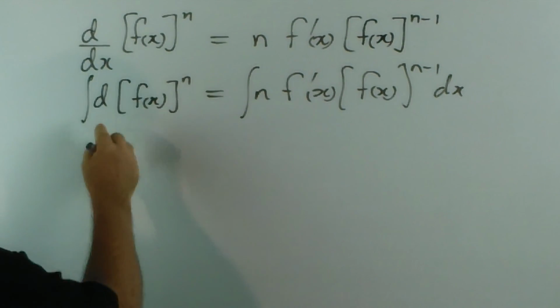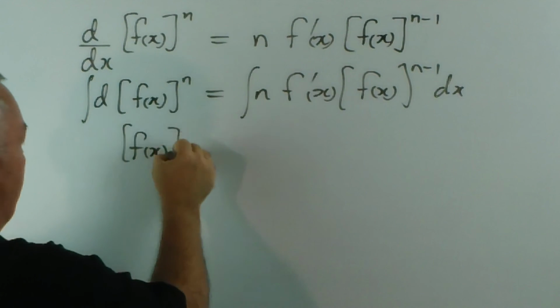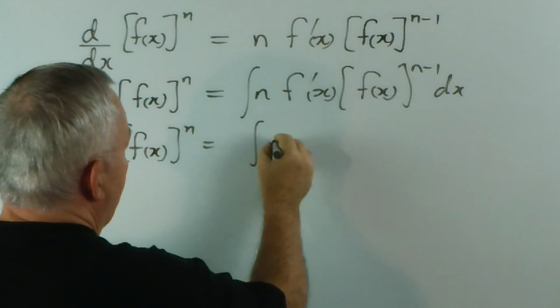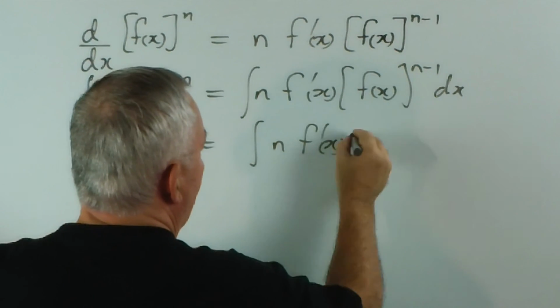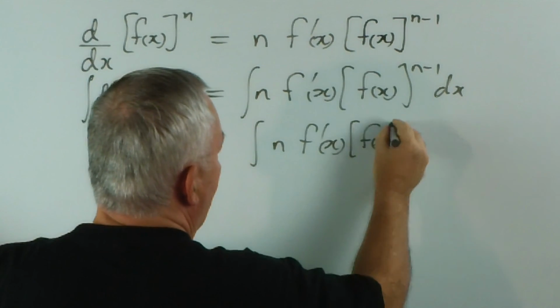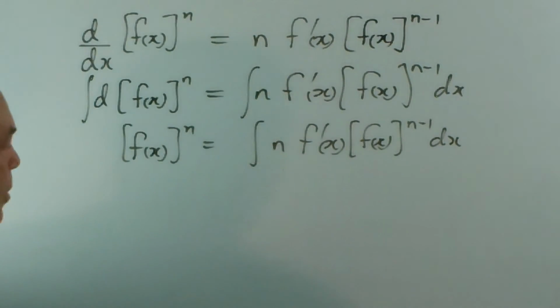The integral of the derivative undo each other, and we get this. Which is what we had before for the first method.